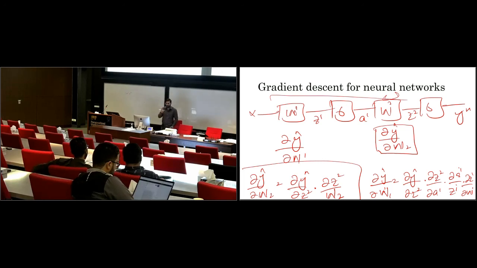You can actually write it in an efficient manner so that you don't have to store too many things. Because there is a relation between the activation function and z, which you would see. So you don't need to store both of them in order to find the derivative. For example, if you're using ReLU, you don't need to store a. You can just store z, because the derivative of a with respect to z is either 1 or 0.